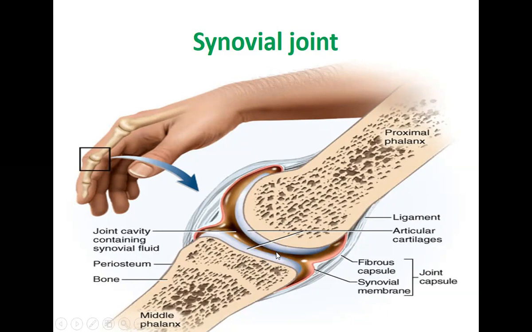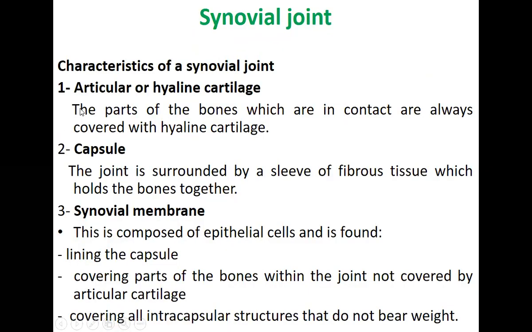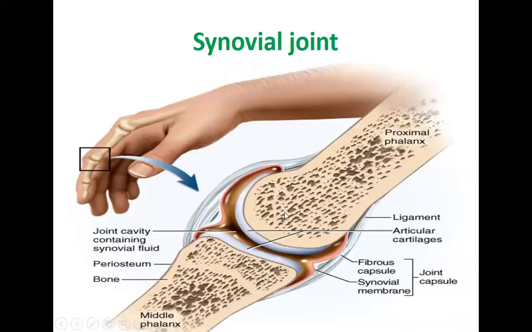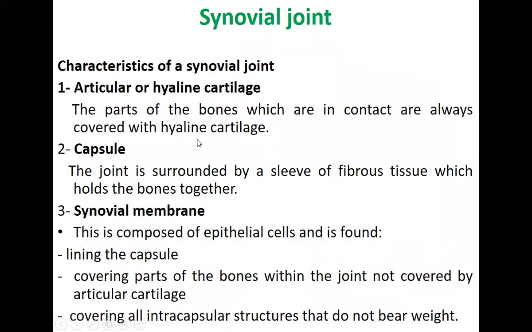Articular or hyaline cartilage will always be present in a synovial joint. The first feature is always the articular or hyaline cartilage.